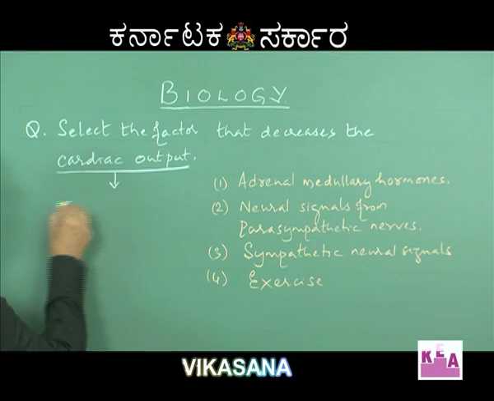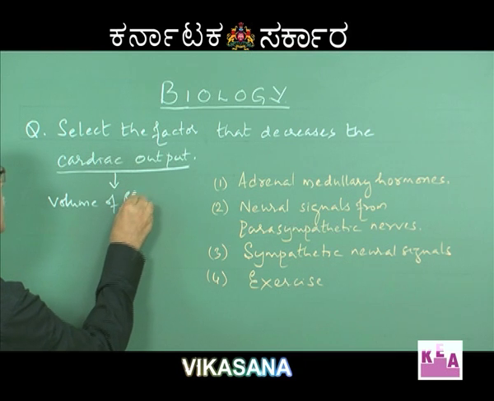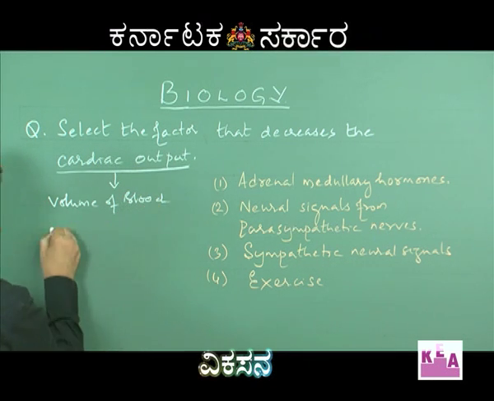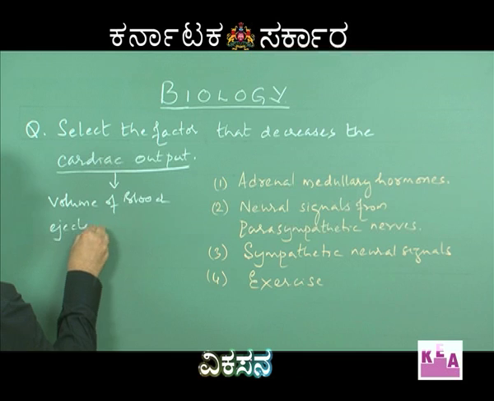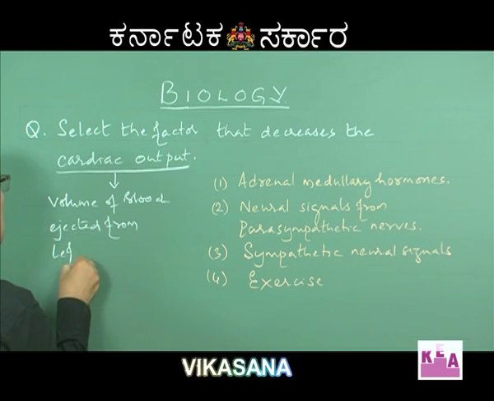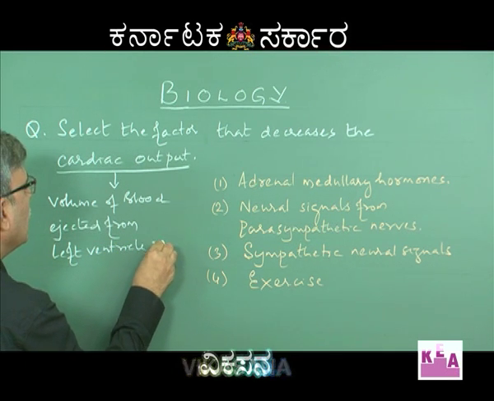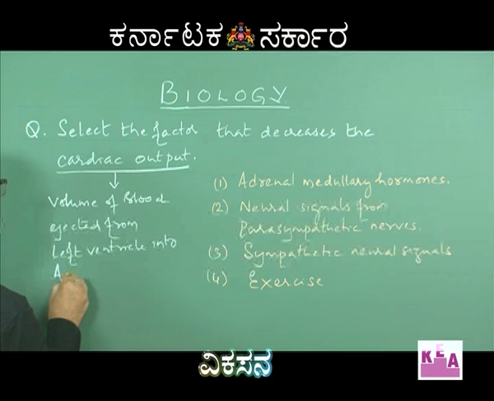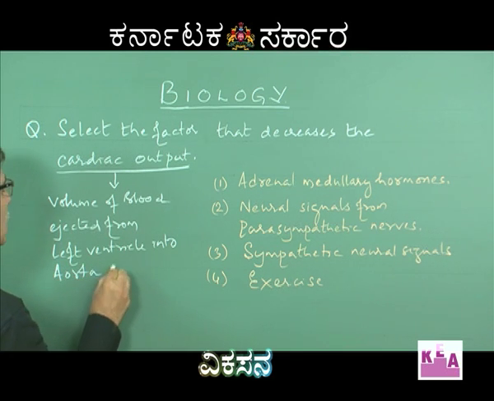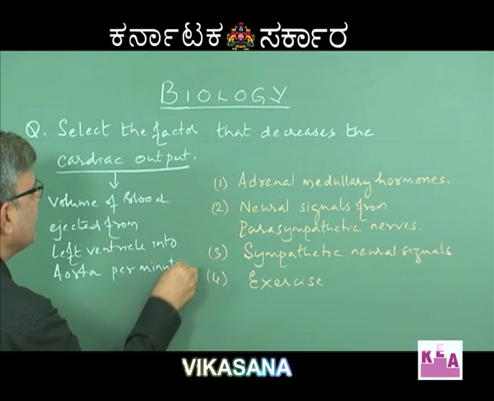Cardiac output refers to the volume of blood ejected from the left ventricle into the aorta per minute.